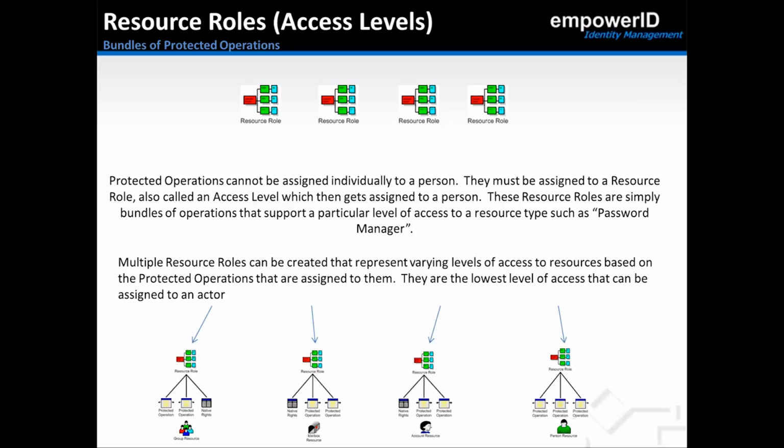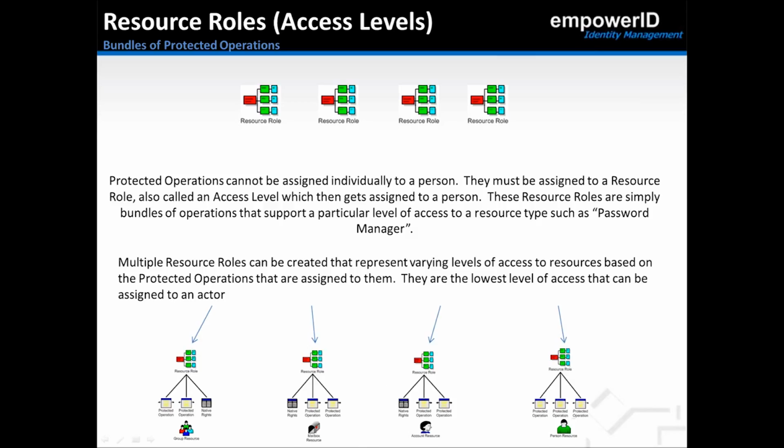Multiple resource roles can be created that represent varying levels of access to resources based on the protected operations that are assigned to them. And they're the lowest level of access that can be assigned to an actor. So we build these resource roles from our protected operations to create our various access levels.